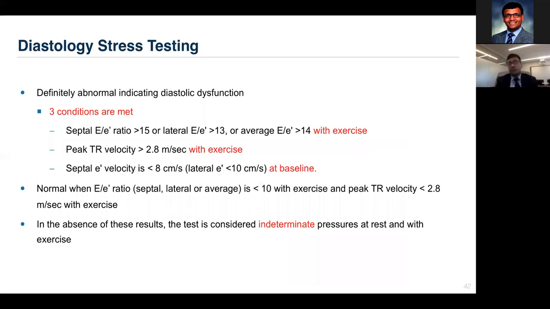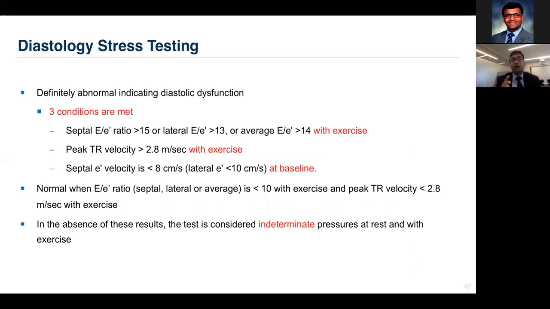As I stressed several times in my presentation, whenever you are not sure in a given situation, instead of calling it indeterminate, or instead of stopping at that phase, you may ask for more variables to see if there are any abnormal variables, or you may call for the need for stress testing, particularly if the patient is symptomatic and you're concerned that you're missing a diastolic dysfunction, then diastolic stress testing could be useful.